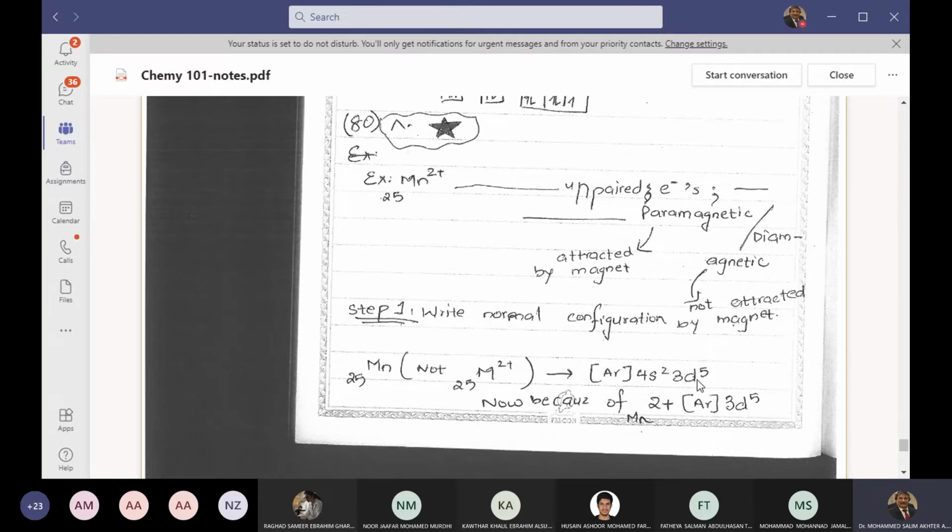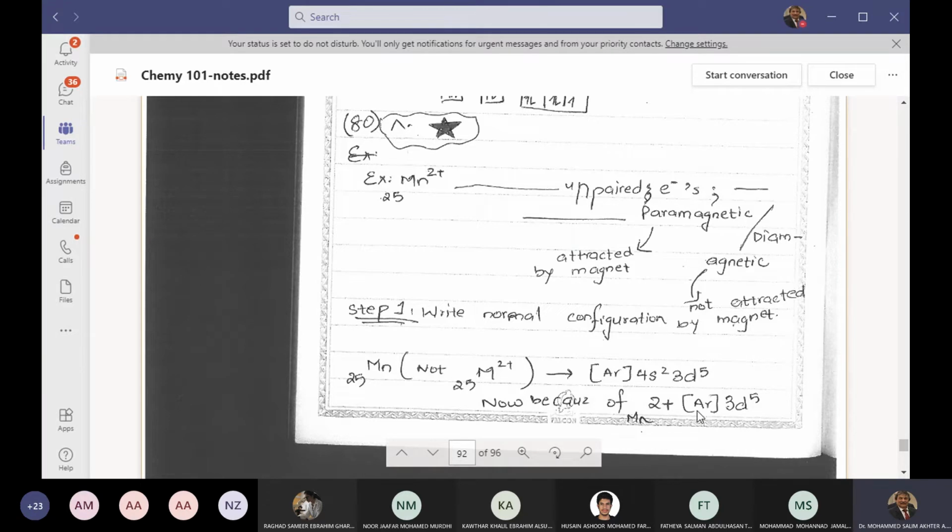This is my normal configuration. 2 plus means I have to remove 2 electrons. Which one will I remove, from 4s or 3d? 4s, because the one you filled first, remove first.